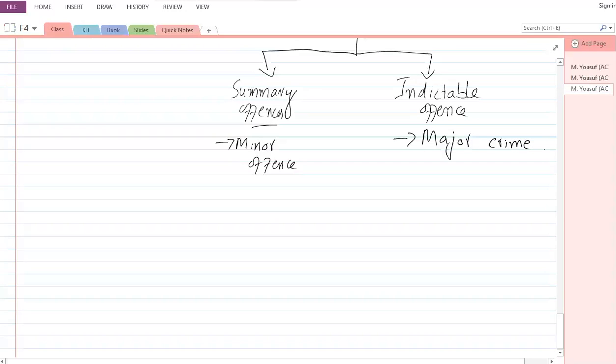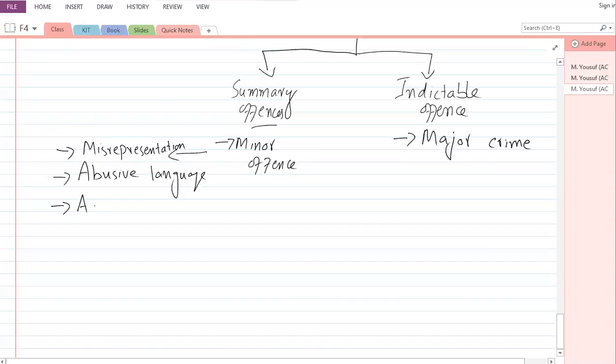For example, minor offenses include misrepresentation, abusive language, aggressive behavior. All these are examples of minor crime, and minor crimes are called summary offenses.